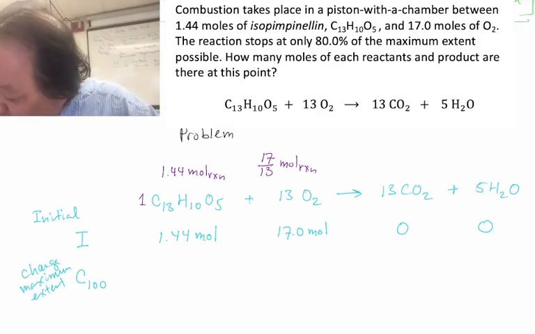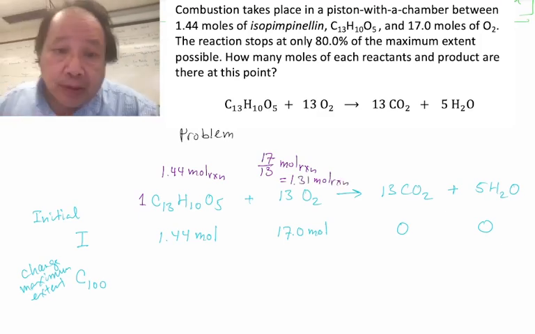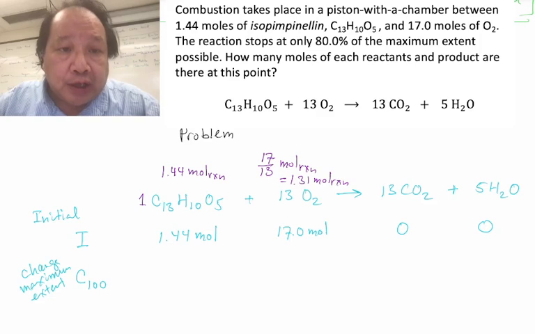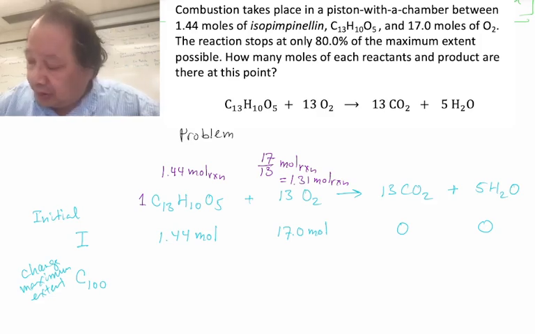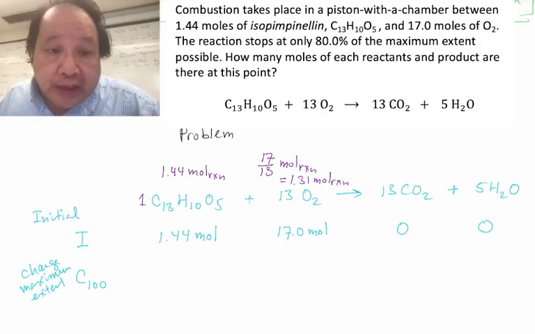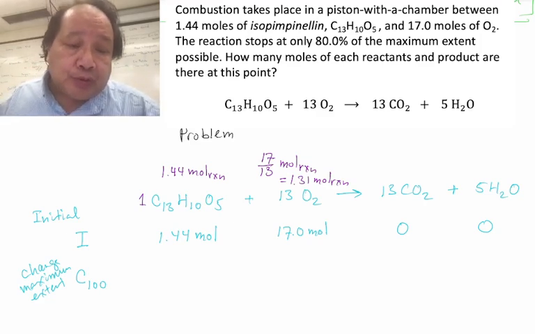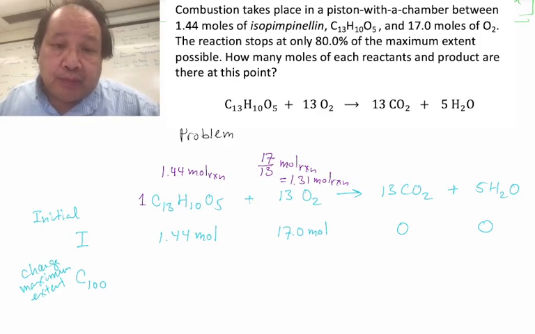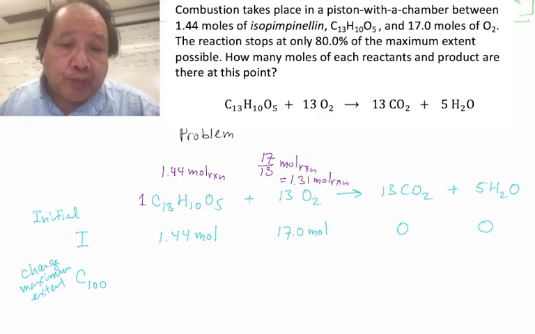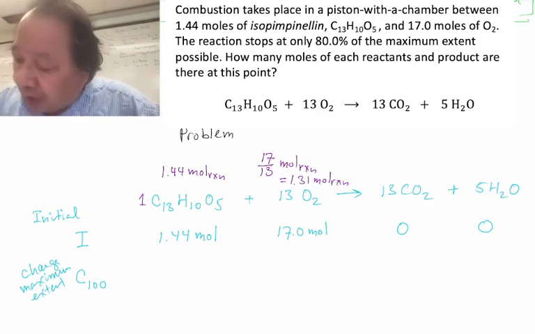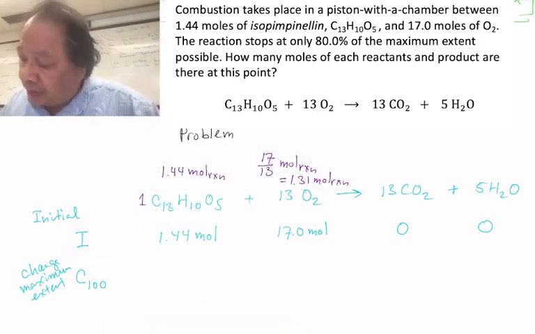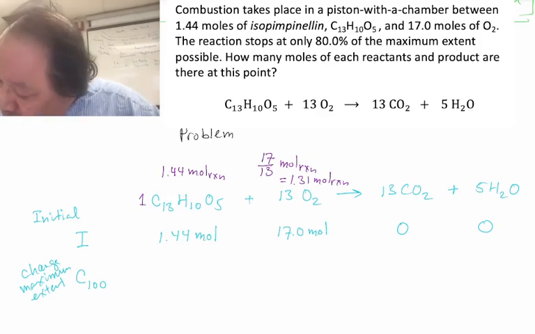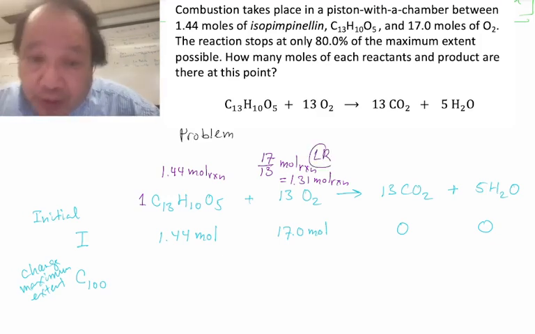If you do the math, this is 1.31 mole reactions. And now we get to the concept of limiting reactants. The C13H10O5 allows one to run the reaction 1.44 mole reaction times, but the O2 only allows you to run the reaction for 1.31 mole reaction times before you run out of the compound, which makes the O2 in this case the limiting reactant.